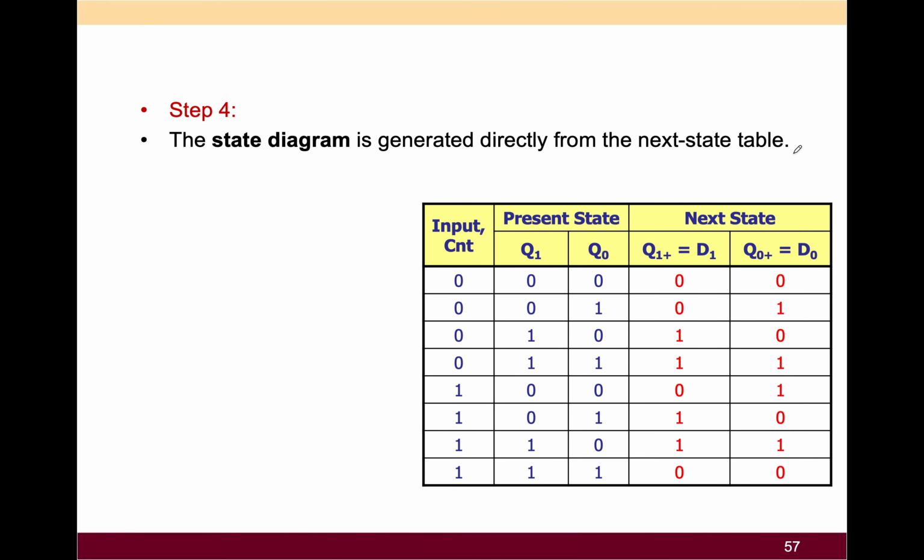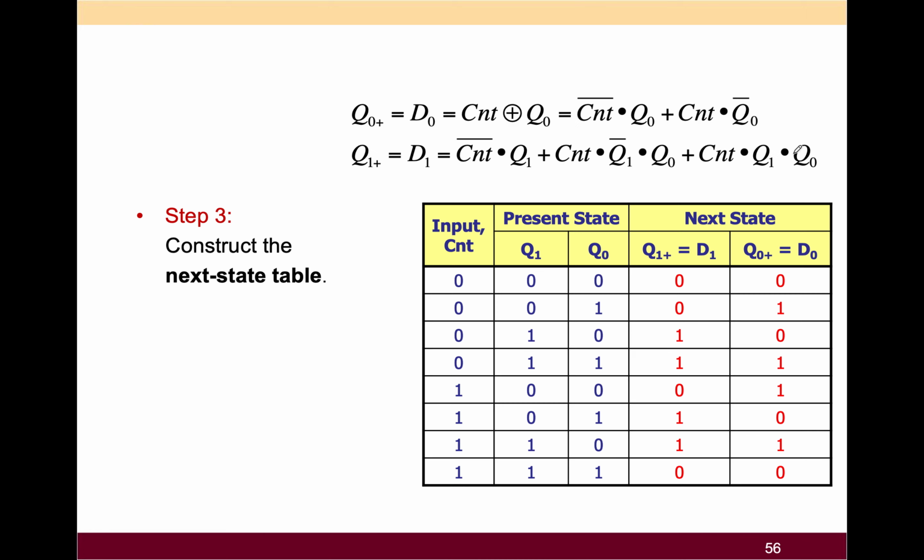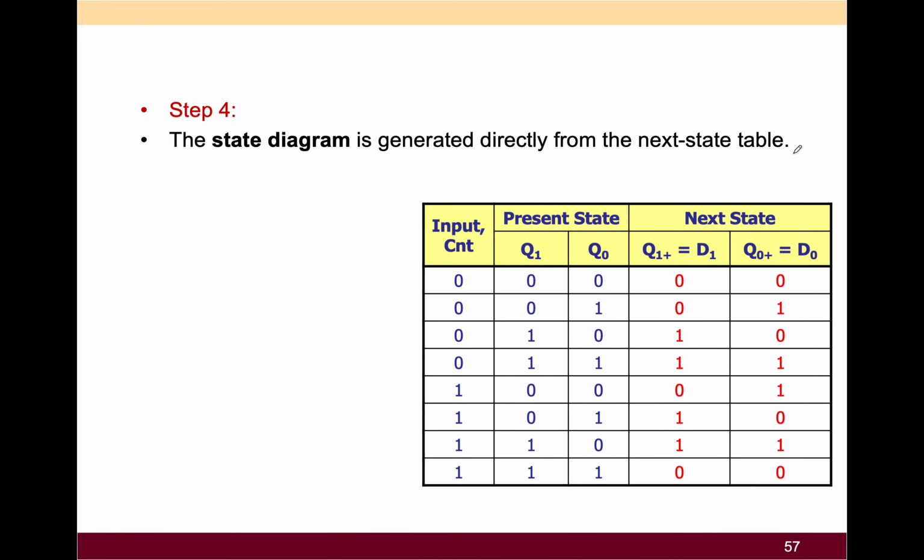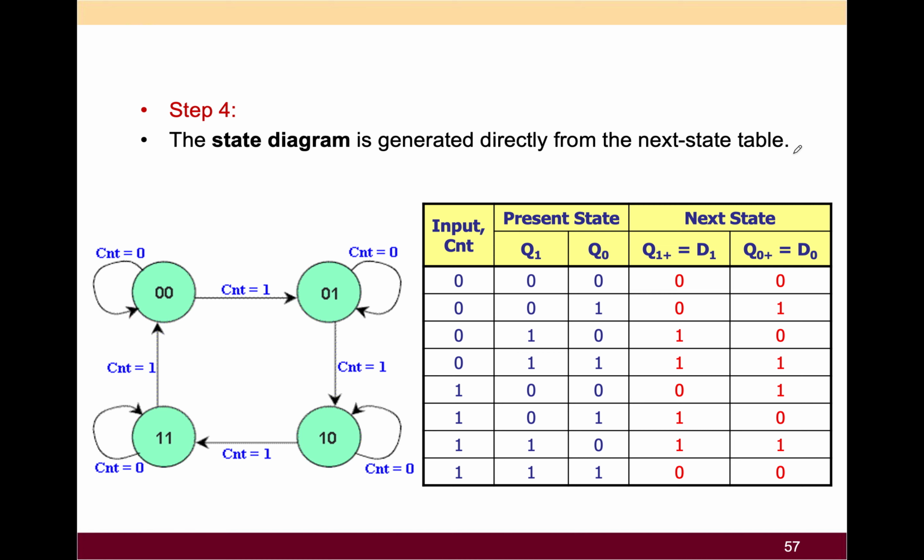And lastly, step number 4, the state diagram is generated directly from your step 3, which is the next state table, the state table. Then after that, you can come out from this table to the state diagram.